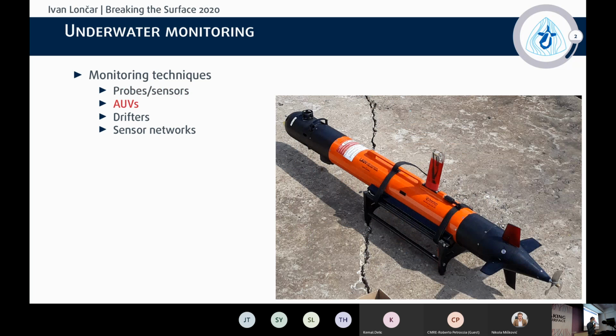You can use also AUVs. They're more suitable for applications like bathymetry, but you can achieve monitoring through periodic missions. For example, you can inspect coral reef growth, so you can take months or years in monitoring that environment.